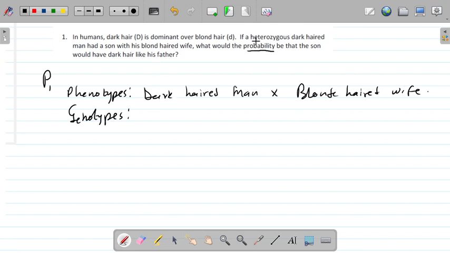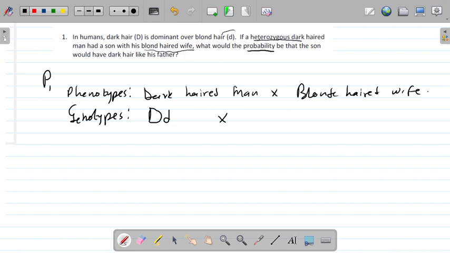They say that if a heterozygous dark-haired man, meaning we have capital letter D and small letter d, they are different, was crossed with a blonde-haired wife.